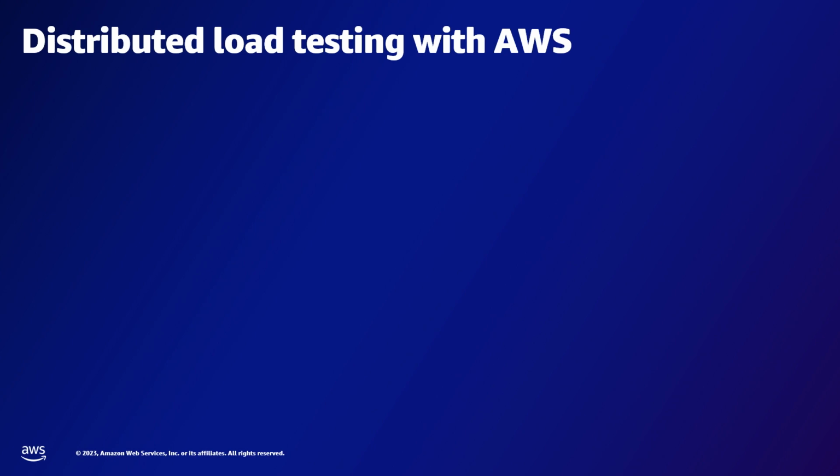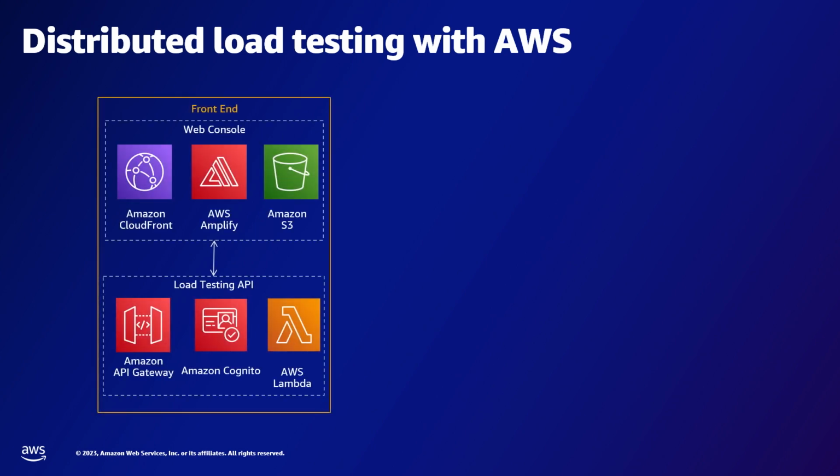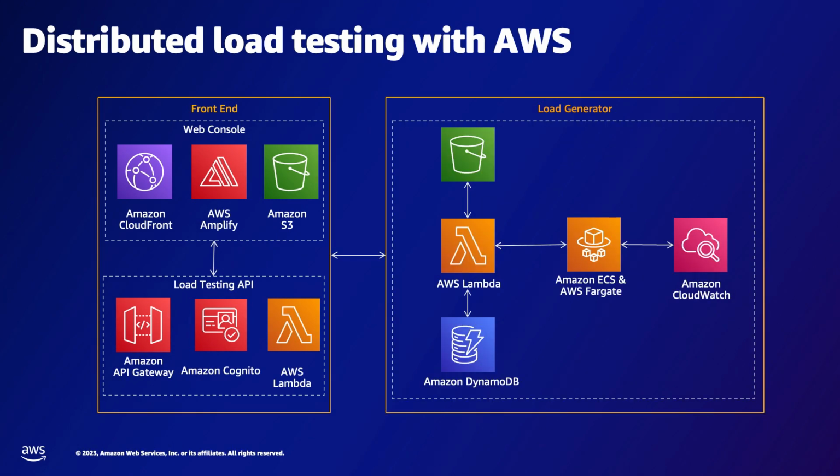The distributed load testing is built using AWS serverless technologies, so it's quite cheap and easy to operate. There are two main parts involved. First is the front-end interface. This lets you set up test configurations and then view the testing results. The backend, where we have the load generator, is where the application load would actually come from.